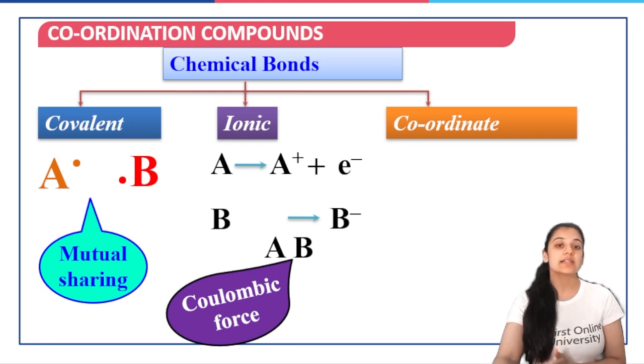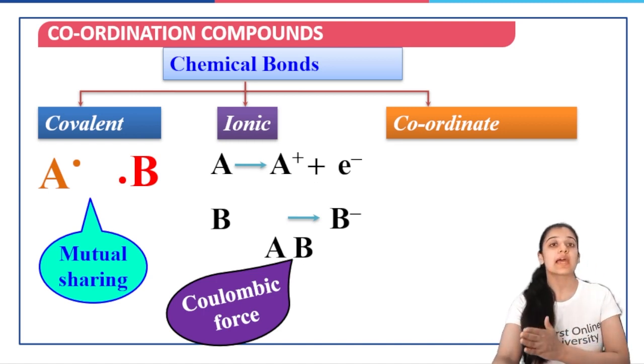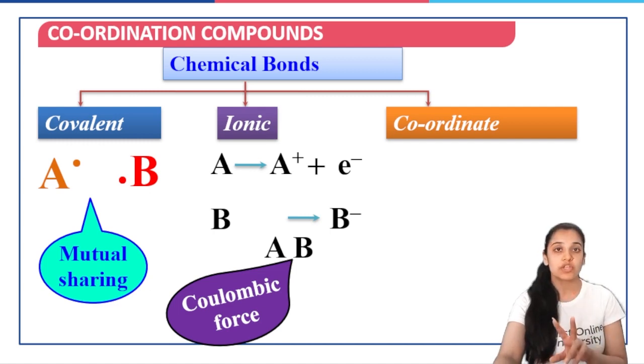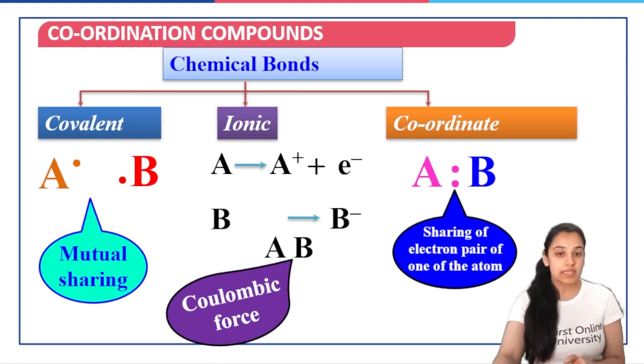And then there is a third type of bond, which is called the coordinate bond, also known as the coordinate covalent bond. Why covalent? Because there is no formation of ions in it, so it cannot be called ionic. But we cannot call it properly covalent because there is no mutual sharing. It's like when both the electrons are donated from one particular atom to the other.